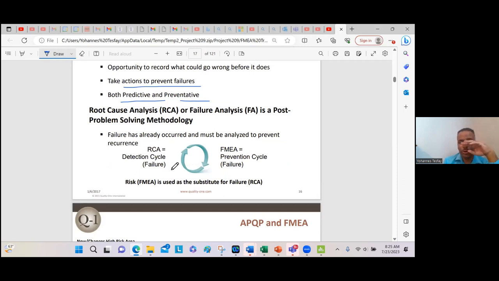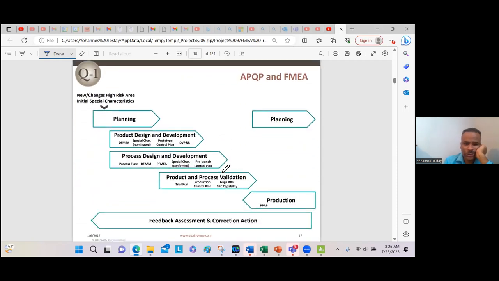Root cause analysis asks what makes these things fail. It could be registered in FMEA or not, we don't know. So how are you going to track it? How are you going to develop a solution mechanism? The first one is planning. After planning, you develop the FMEA.